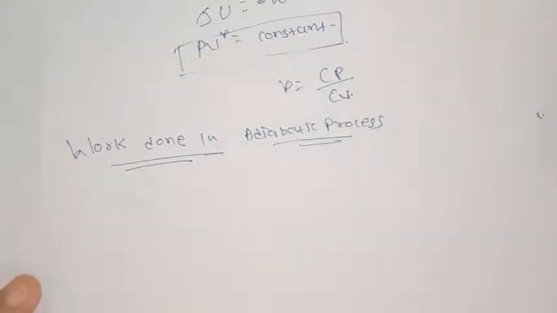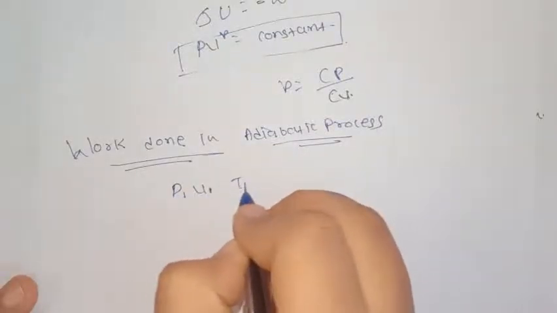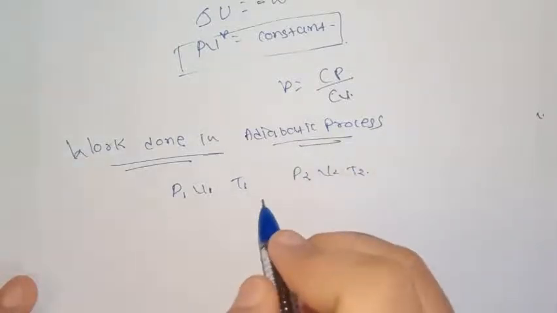Consider an ideal gas enclosed in a cylinder with perfectly insulating walls, and it is fitted with a perfectly frictionless non-conducting piston of area A. Let its initial state be P1, V1, T1 and final state be P2, V2, T2.